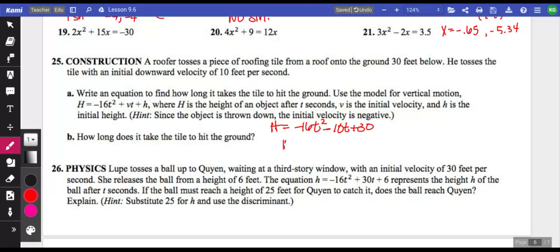So instead of trying to factor this, we're going to do opposite of b plus or minus the square root of b squared minus 4 times a times c, all over 2 times a. So 10 squared minus 4 times -16 times 30, divided by 2a.